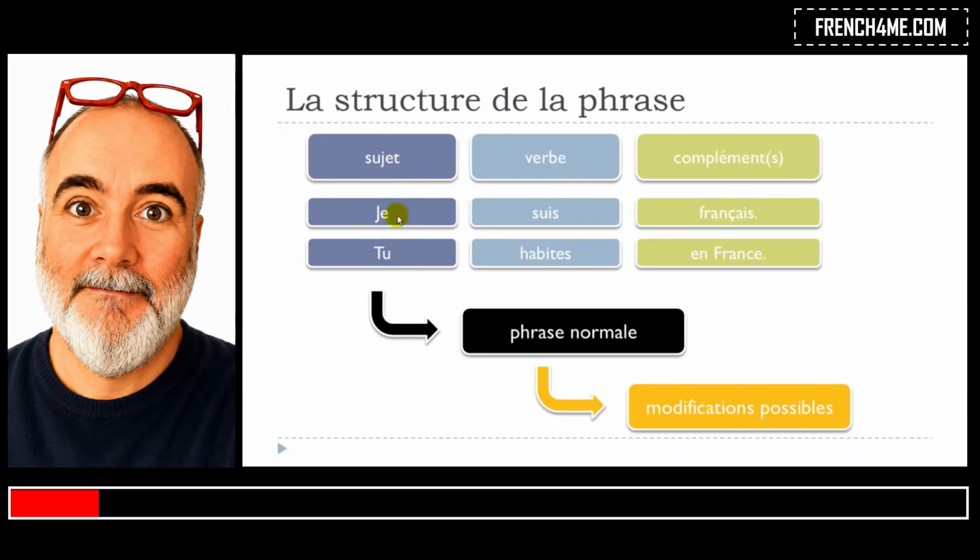Okay, but then this is the basic. You should keep in mind that first you will put the subject, then the verb is coming, and after that les compléments. Le sujet, le verbe, les compléments. Je suis français. Tu habites en France. And that's it.